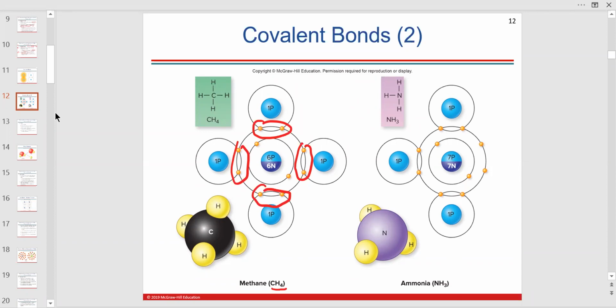Here's ammonia, 1 nitrogen and 3 hydrogens, so sharing 3 pairs of electrons covalently. And it all has to do with how many electrons are in that valence shell. And it all works out to a nice, stable compound molecule. Compound molecule means there's more than 1 element in it, more than 1 atom type.